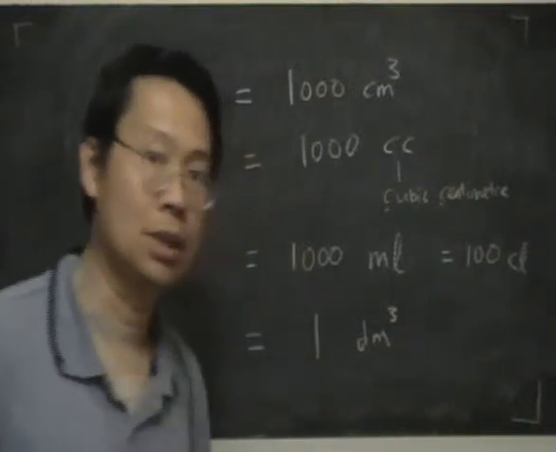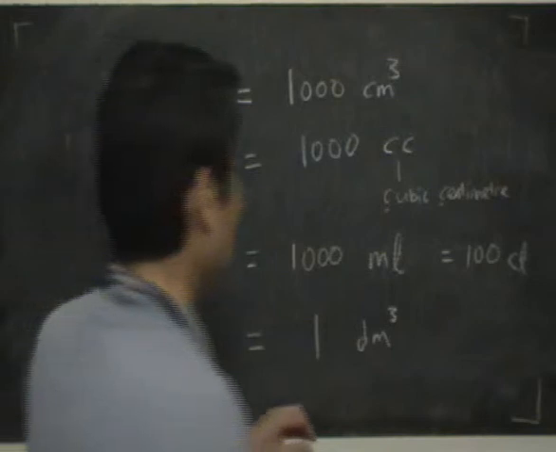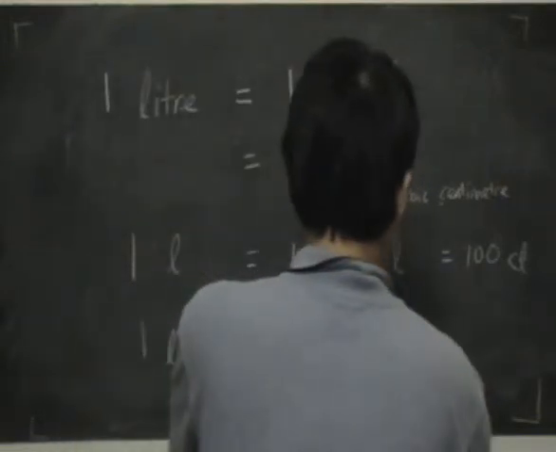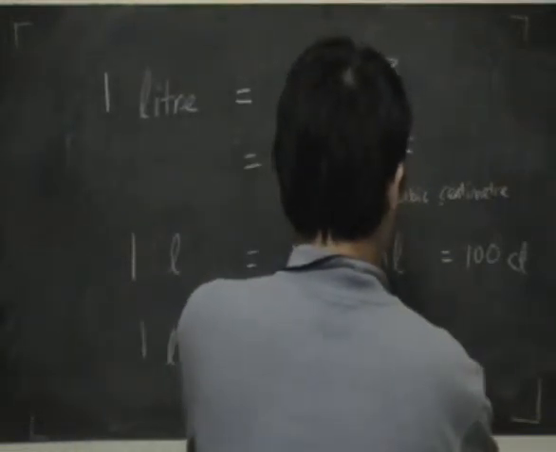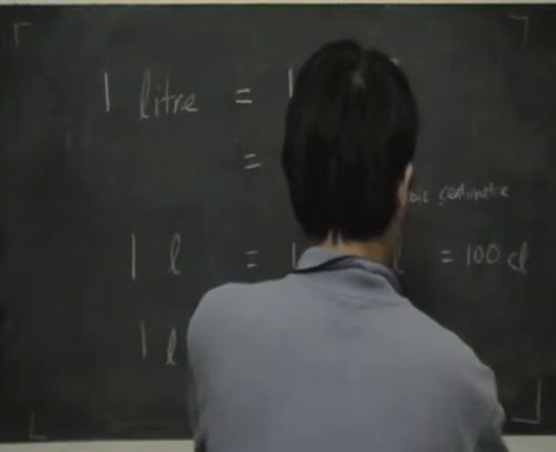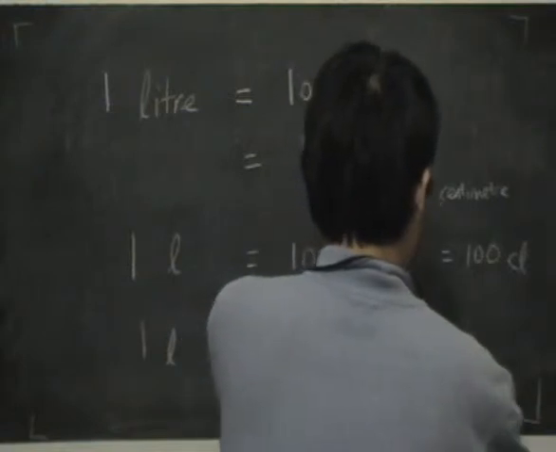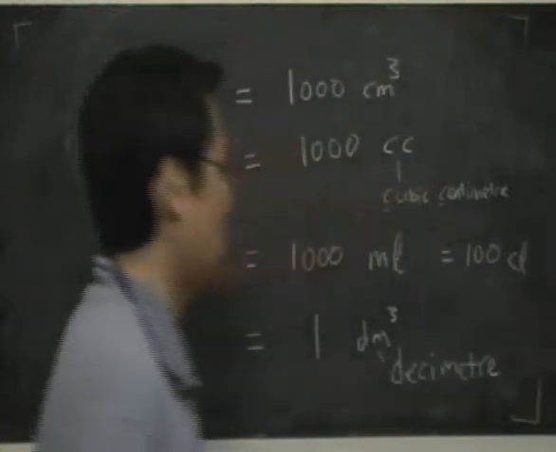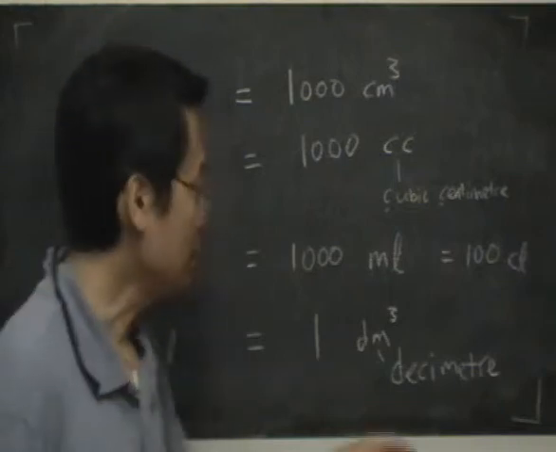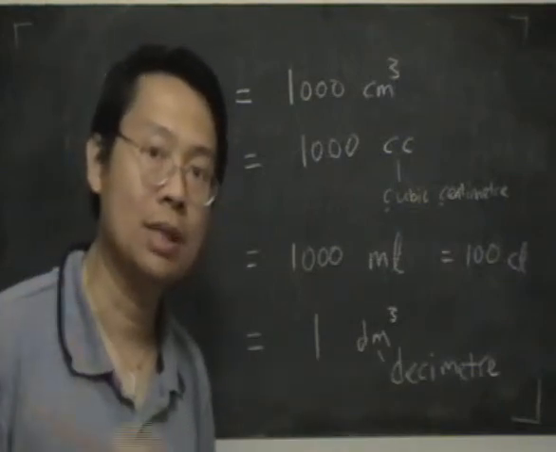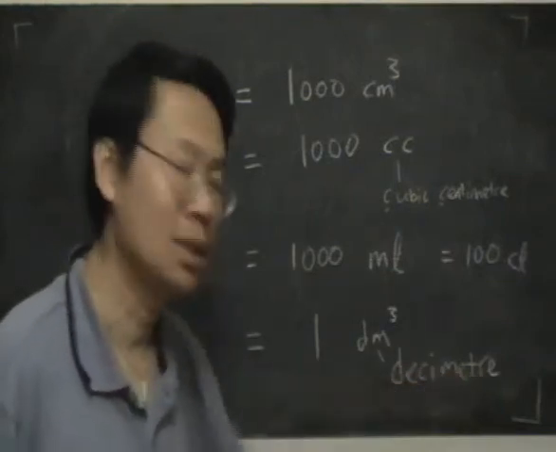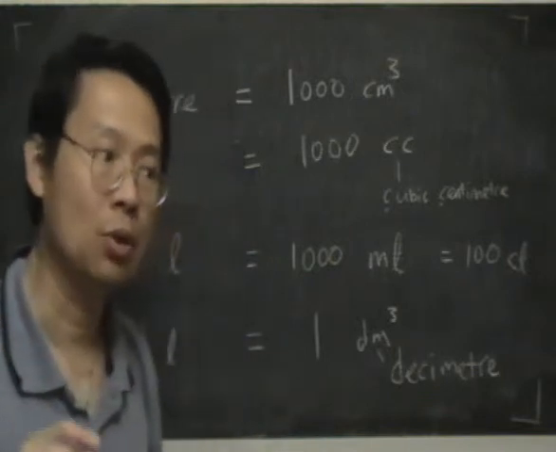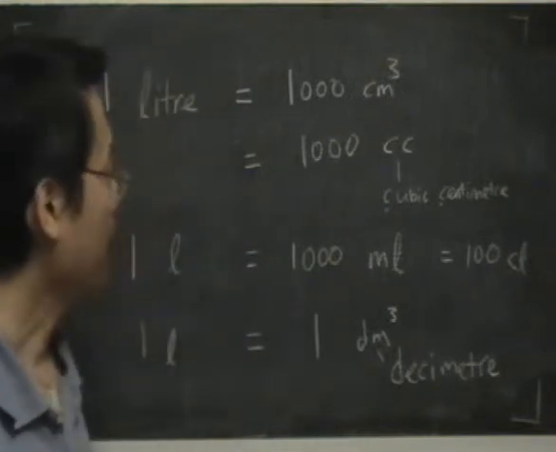Right. Now dm, the d there stands for deci. Now this is a unit that I have not mentioned before. Now, deci stands for 1 over 10. So 1 decimeter is 1 over 10 of a meter.